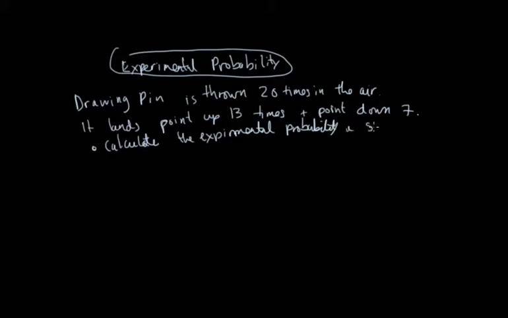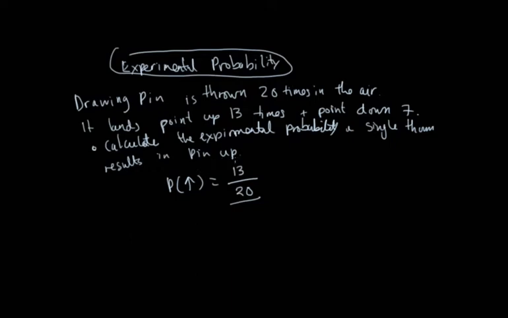A single throw results in pin up. I'm just going to do an arrow for up. So we know it landed pin up 13 times, and we did it 20 times, so that is the probability.